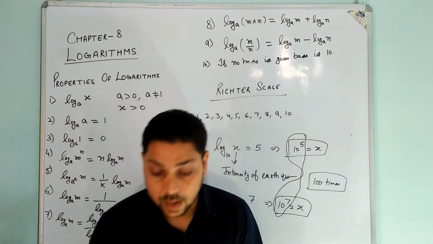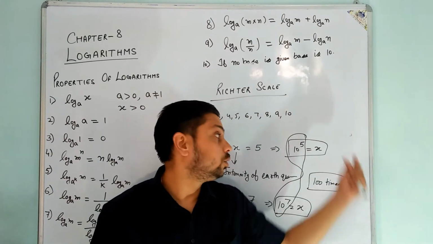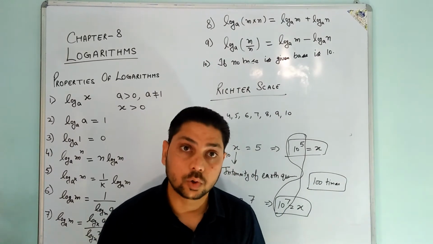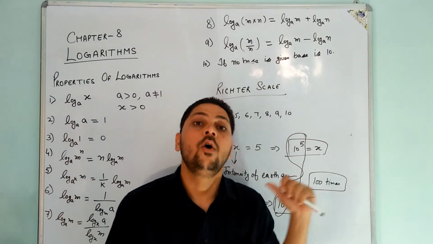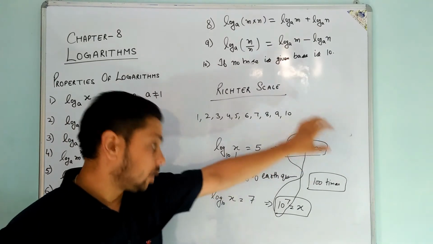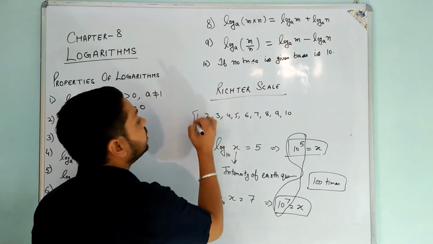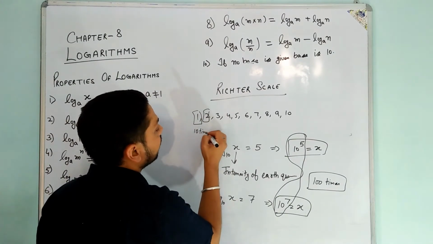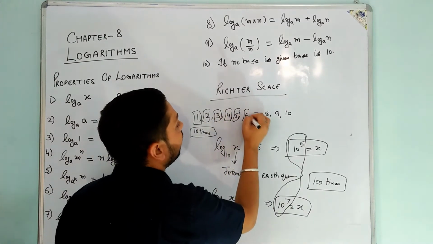Here we observe that we have a huge variation in the exponential form. So to narrow down that particular variation, we represent it in the Richter scale. We just convert this huge variation into the Richter scale. We have numbers up to 8. Each level here is a multiple of 10.